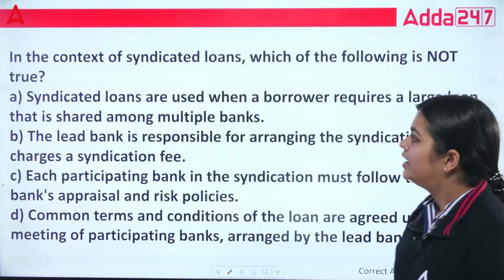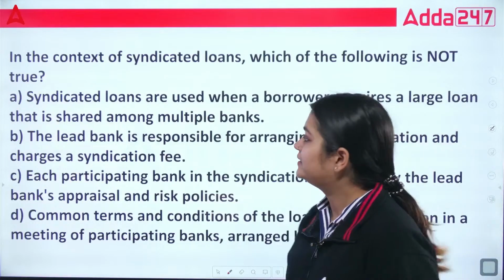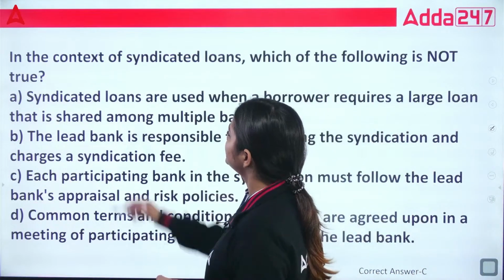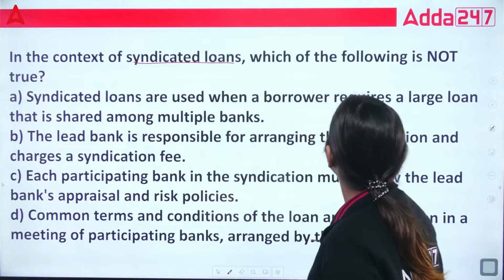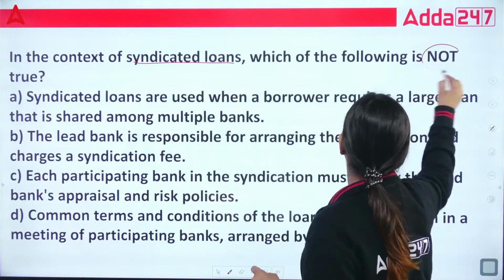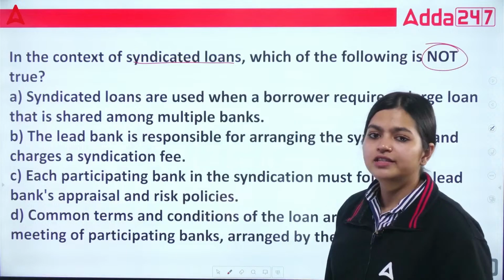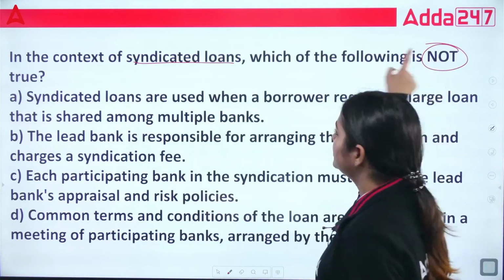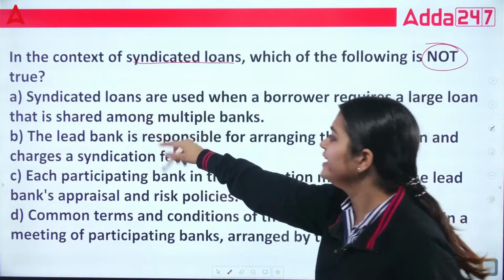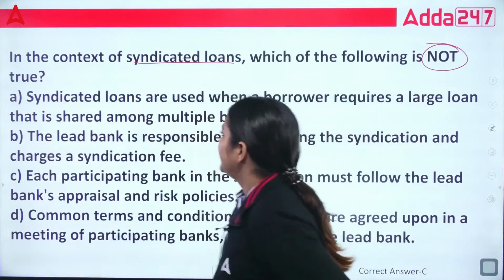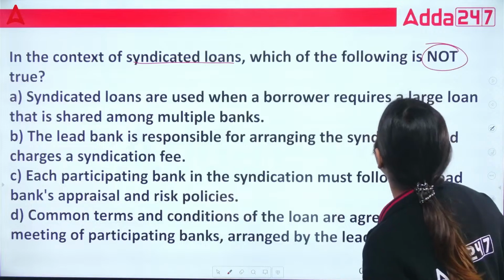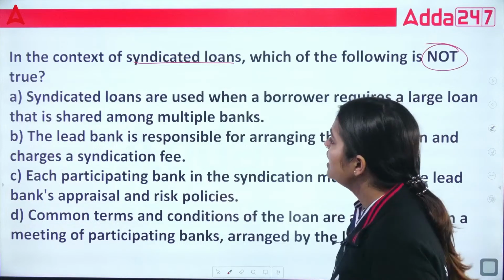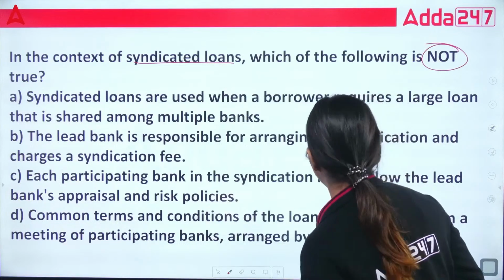Now, this is your next question. In this, they are asking, in the context of syndicated loans, which of the following is not true? We need to identify which option is not true. A, syndicated loans are used when a borrower requires a large loan that is shared among multiple banks.